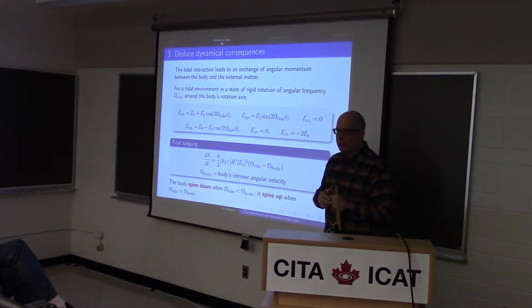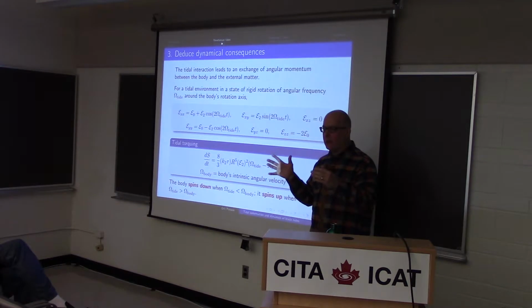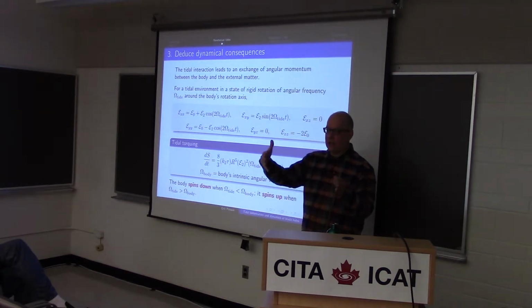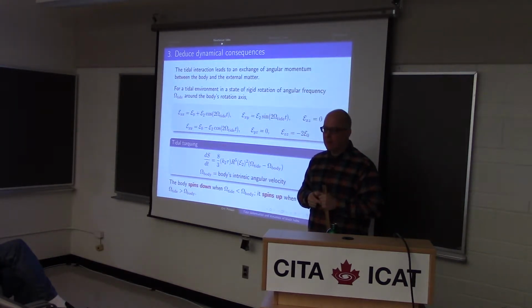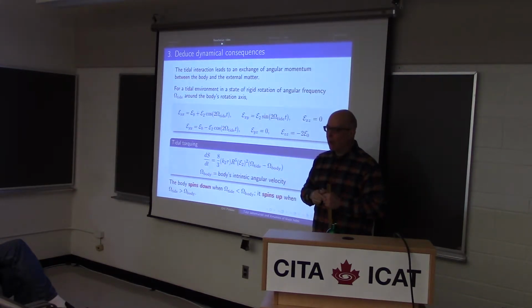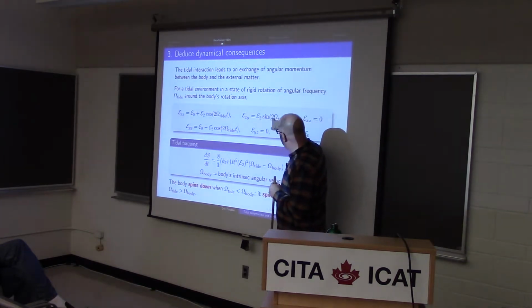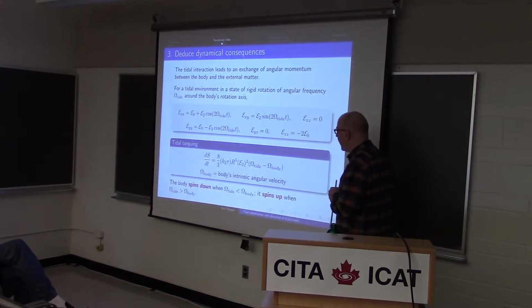What I decided to do here, just to show an equation that can be interpreted a lot more easily, is to specialize the tidal environment to one that is rotating rigidly with a fixed angular velocity. So I could be thinking of a companion body that's moving around a circular orbit, but I could be thinking of anything that is rotating with an angular frequency that I'm calling omega tide.